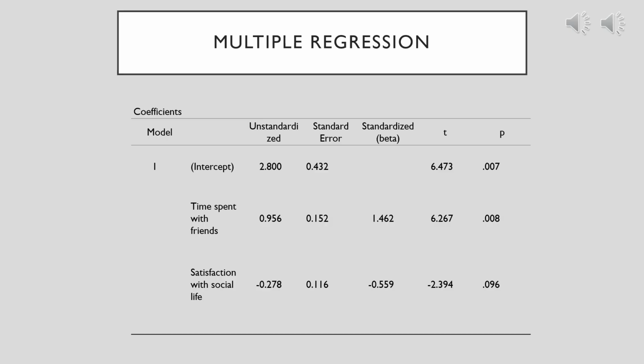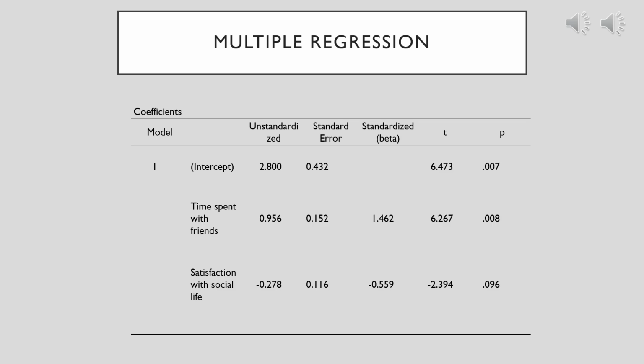All right. The t statistic is basically like when we take correlations and we can convert them into t statistics. Now this is a simple linear regression of just the effect of one variable, time spent with friends, on the other variable, happiness. And the t statistic, 6.267, is significant at a p-value of 0.008. Nice.